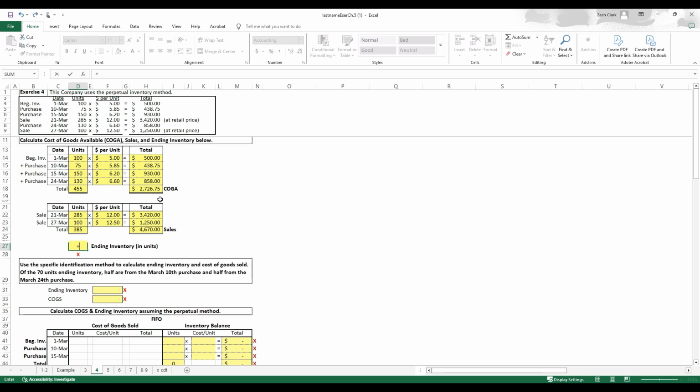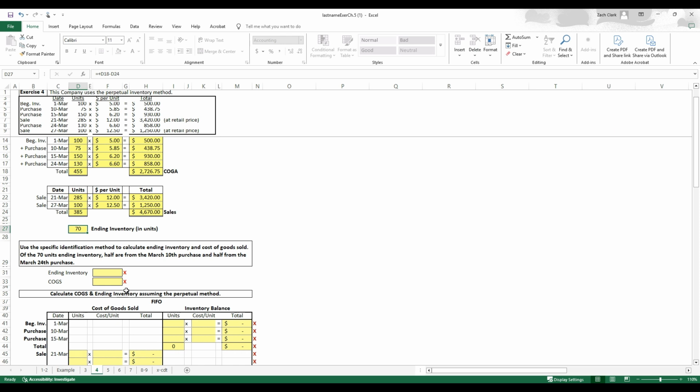So our ending inventory then becomes, just the units. So we just need 455 minus 385, 70 units left over.